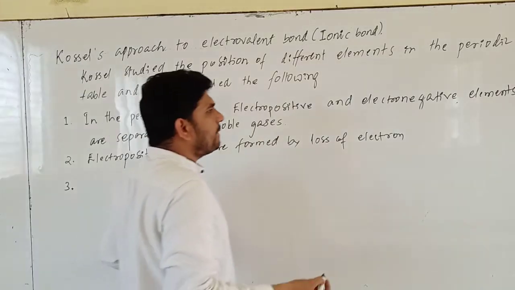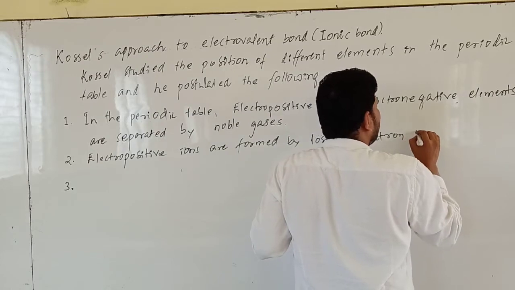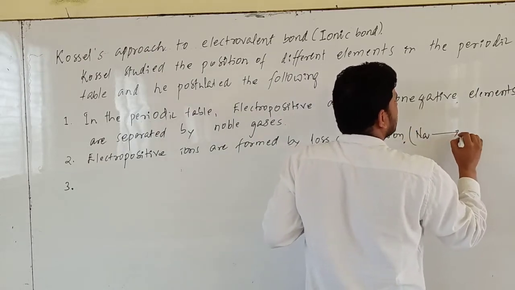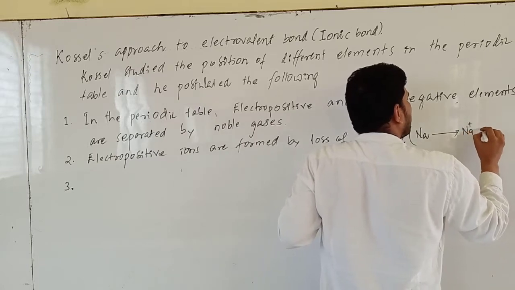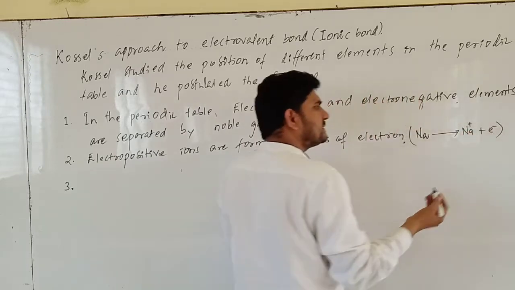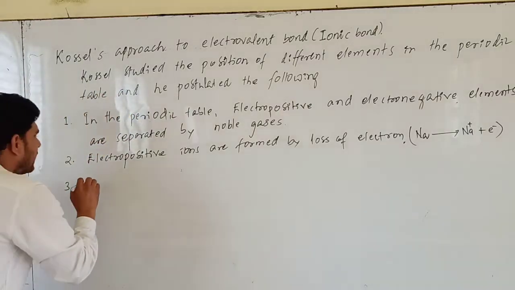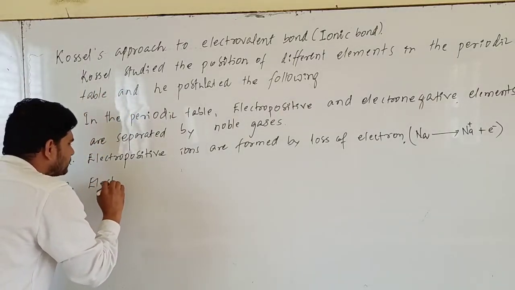Exactly right. For example, if you take sodium, it becomes sodium plus 1 by the loss of an electron. Always, electropositive ions are formed by loss of electrons.